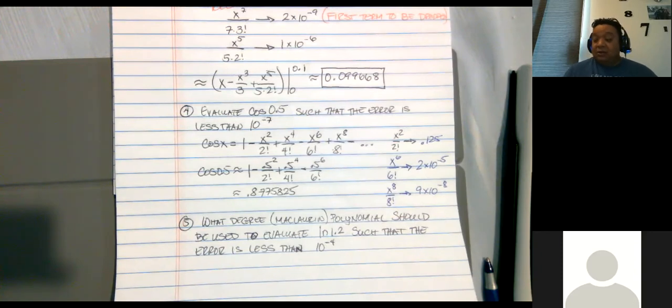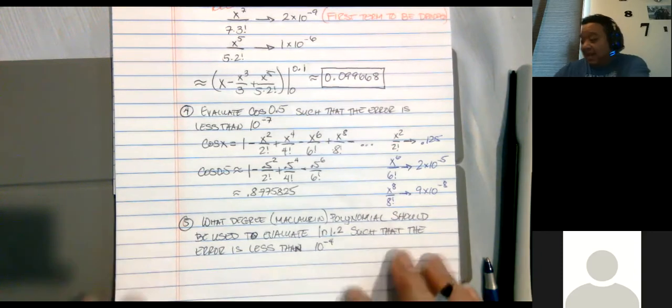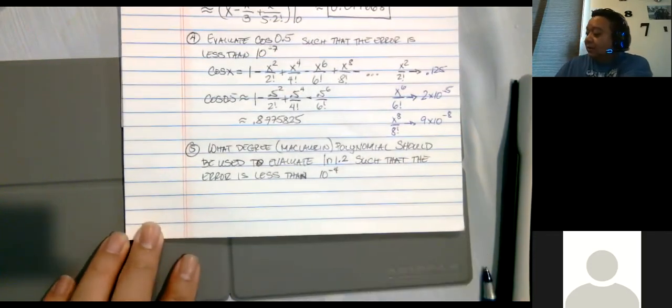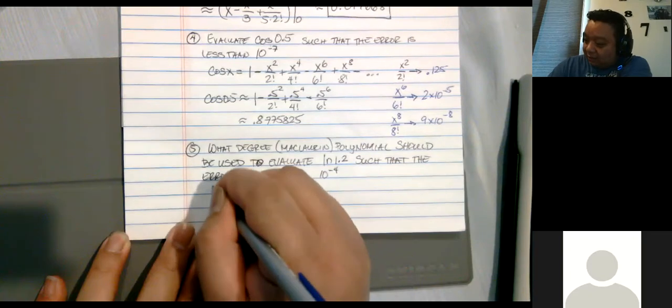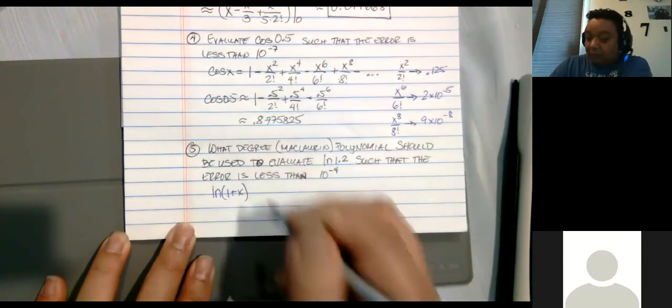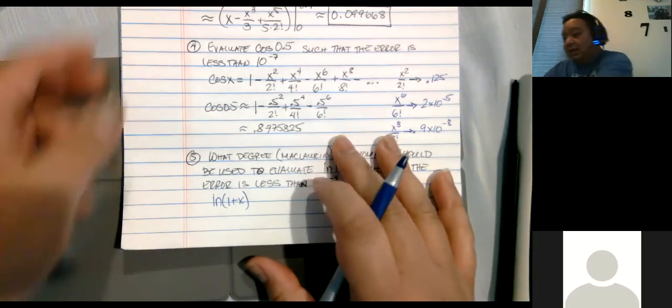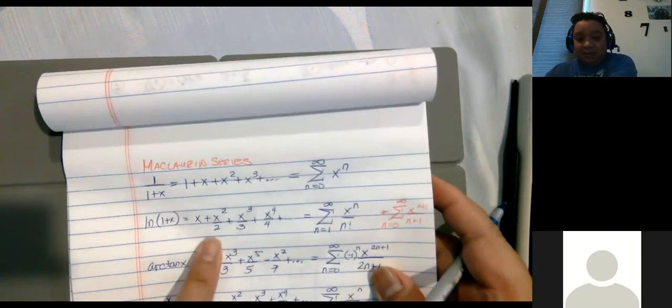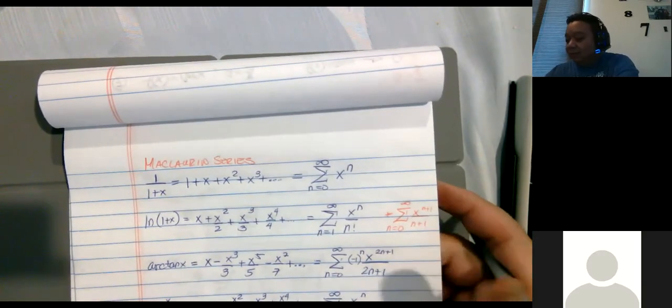Okay. So we're using the ln of 1 plus x polynomial, right? And if you forgot what the ln of 1 plus x is, it's this one.